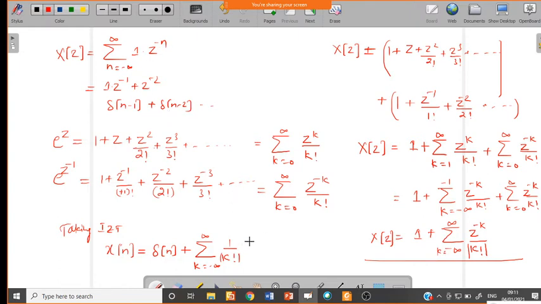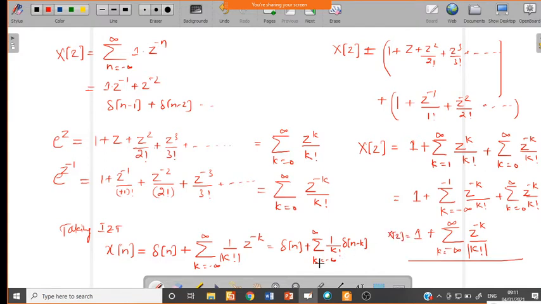Similarly here z power minus k, so this we can write as del of n plus summation k equal to minus infinity to plus infinity 1 by k factorial, and this we can write in terms of del, which is del of n minus k. Now we can put the value of k back and you will get the value.